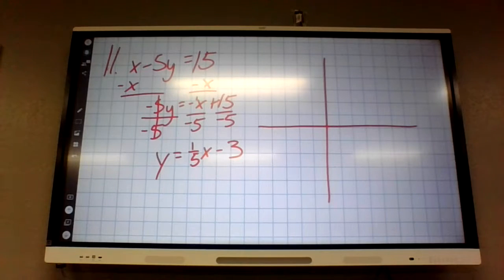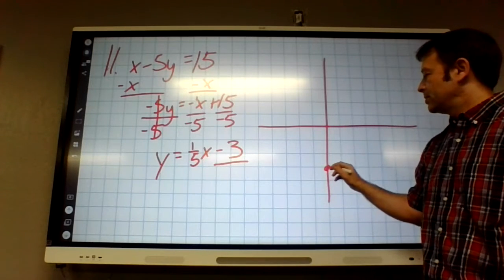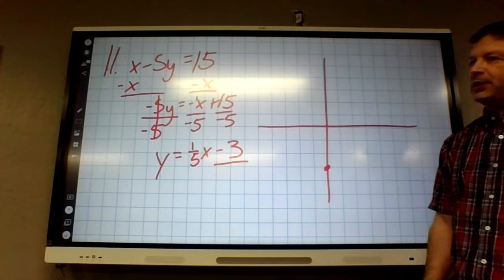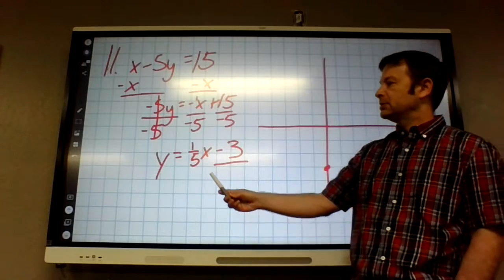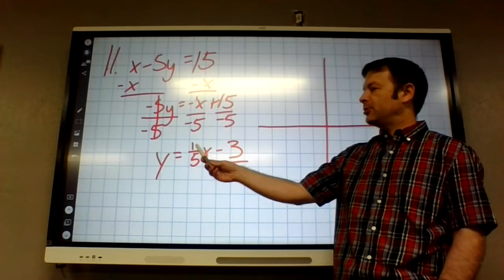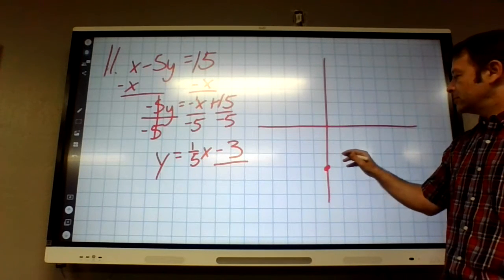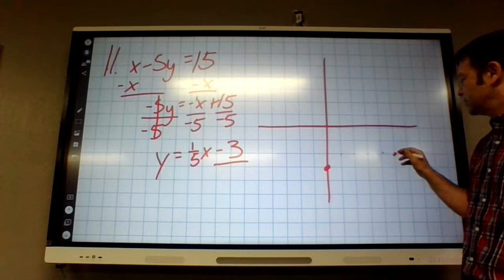Alright, where should we start on the graph? Down 3. The y-intercept is -3. Where should I go from there? Up 1/5. Right, rise over run. The slope is 1/5. Rise 1, run 5: 1, 2, 3, 4, 5.